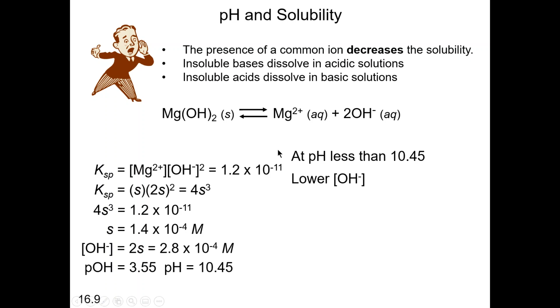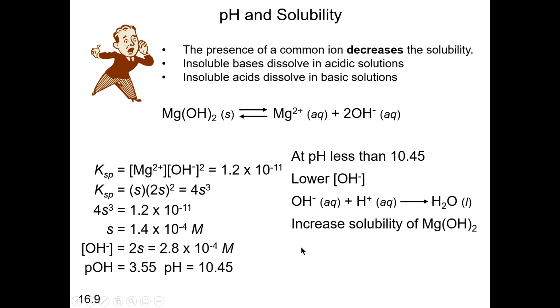The hydroxide ion will react with any added acid to form water, so the concentration of the hydroxide ion will be lower. Because you're decreasing the concentration of OH minus, the equilibrium will shift to the right, which means that the solubility of magnesium hydroxide will increase.